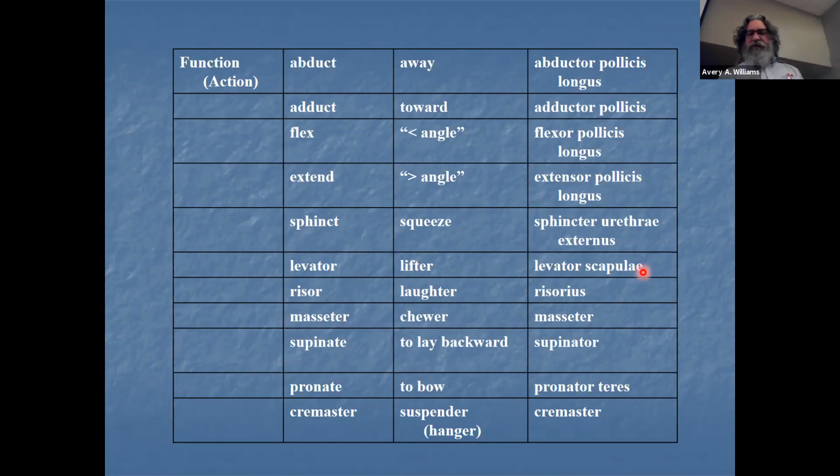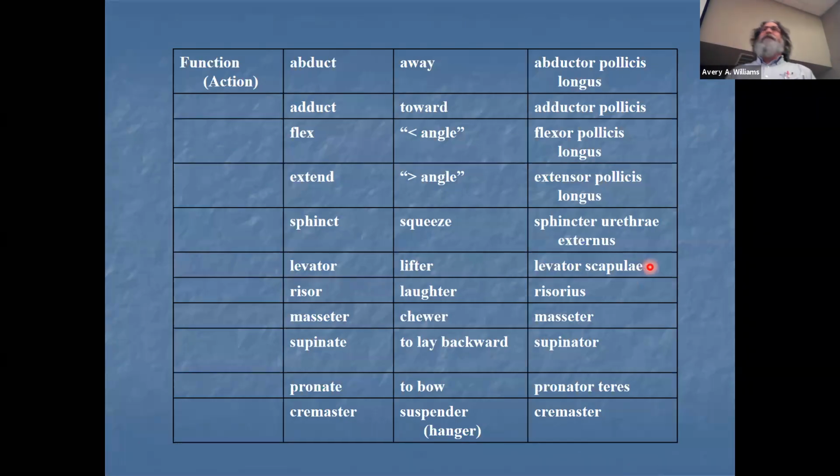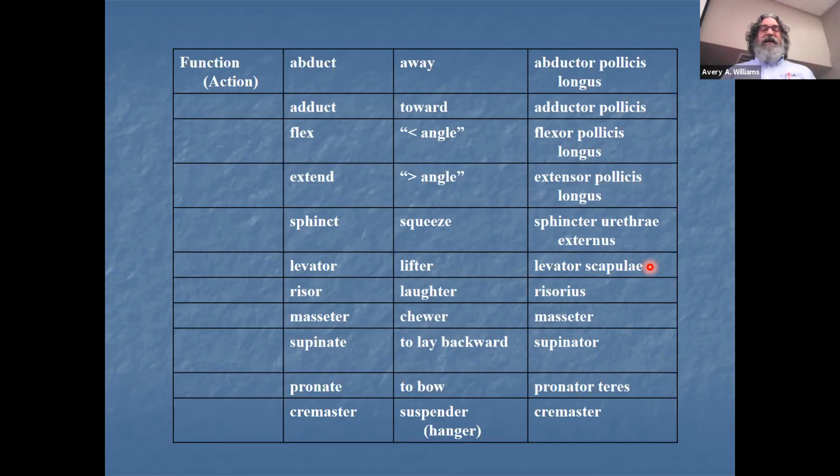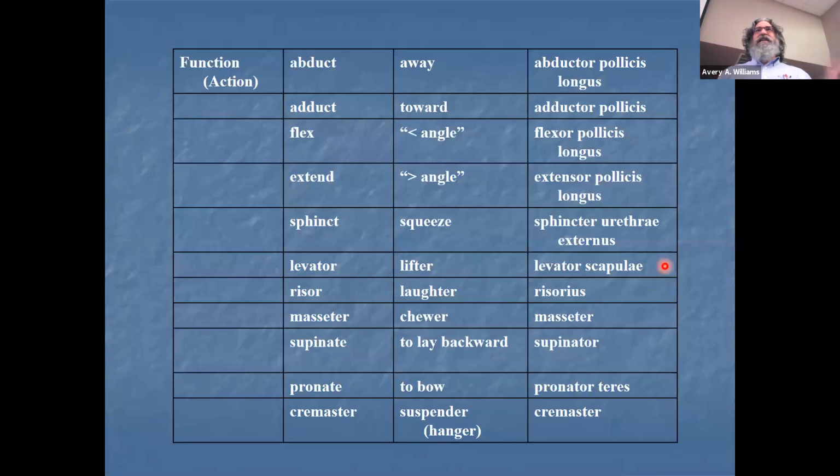And so you look at my example, levator scapulae. What are we lifting? You're lifting your shoulder blades, your scapula. That's when I'm shrugging my shoulders, I'm contracting my levator scapulae. There's also a levator ani. I'm not going to show you that. It's in what they call the urogenital diaphragm.